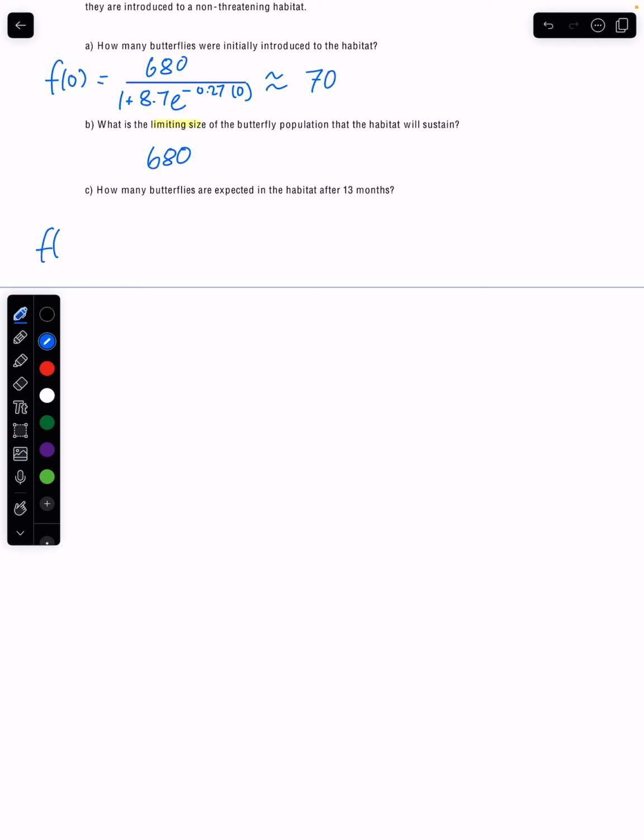So like part A, instead of plugging in 0, we're just going to plug in 13. Plug that in and solve, and you get about 540.